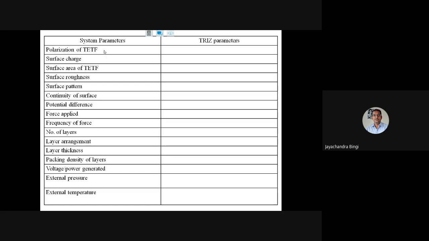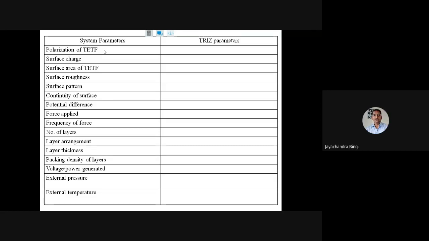I already showed you the 39 parameters in the last class. Please keep that in front of you. Yes, ma'am. Is that weight of moving object? It's not weight. The object is moving, no doubt about it, but still they are getting separated. So is it related to something like stability? Yeah, stability of the object is there.